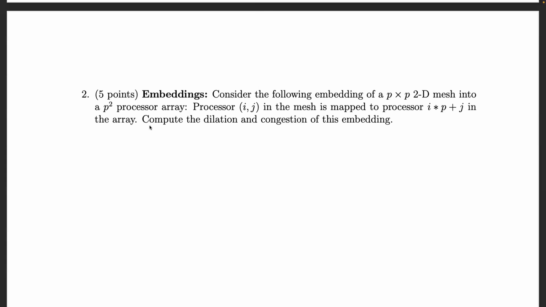But in the target embedding, one source link may become a path in the target embedding. So now some of them may overlap. So what is the target congestion?